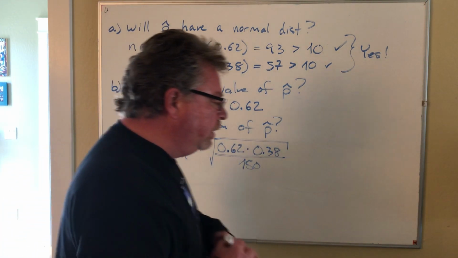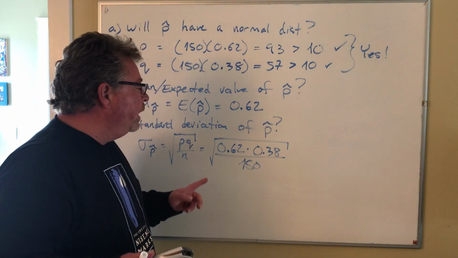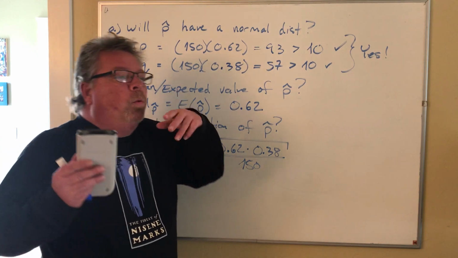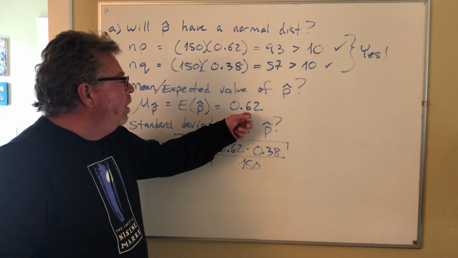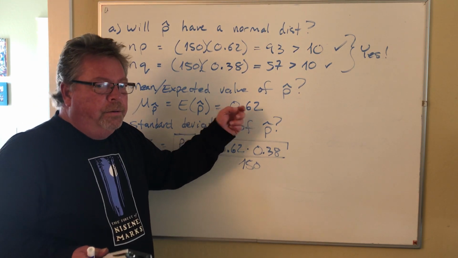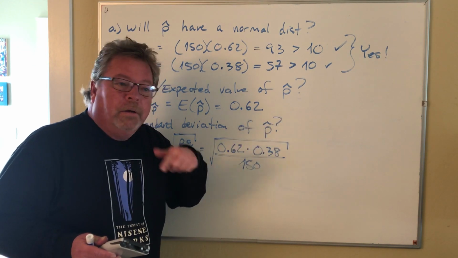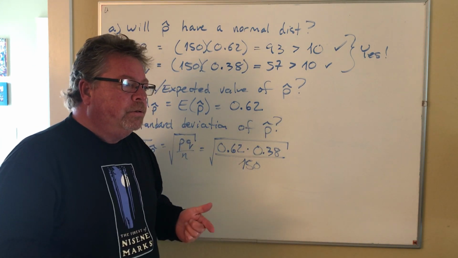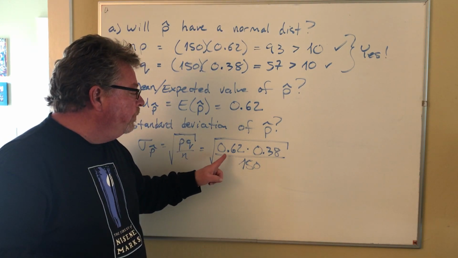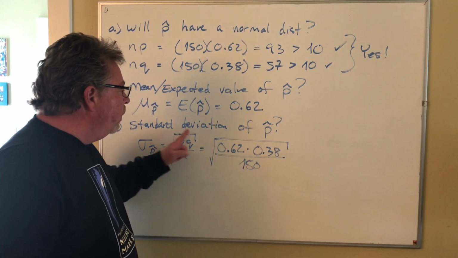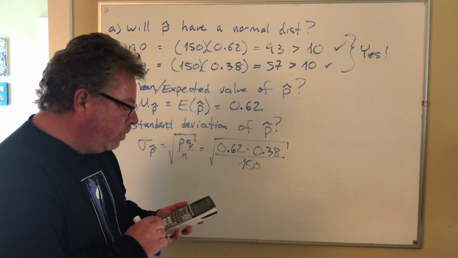And I'm going to run this through a calculator. Oh, but I want to mention something here, and this is actually really important. Proportions and percentages are the same. And so when we see a proportion of 0.62, the normal person in us wants to say, that's 62%. But if we're going to do computations with these numbers, they have to remain as decimals. So when I run this formula right here, I have to keep those as decimals, otherwise it's not going to work out.